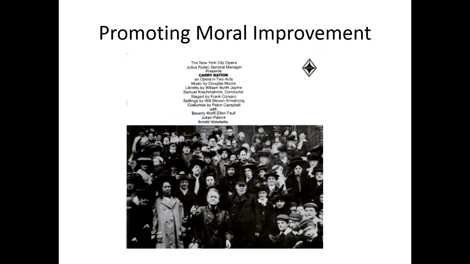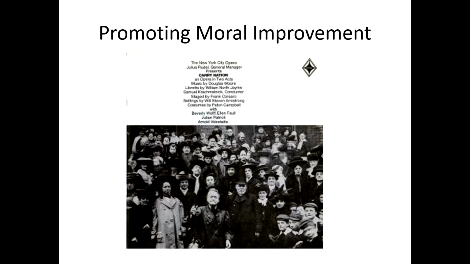The second goal of the progressive movement was to promote moral improvement. Many reformers felt that morality was the key to improving the lives of the poor. So we see things start to develop, such as prohibition. And we'll talk more about prohibition later, but prohibition is the banning of alcoholic beverages.